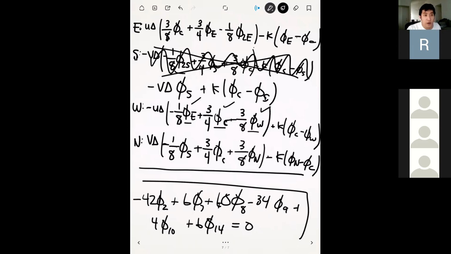So for the second part of this problem, I want you to do the same thing for cell number 29. So you can basically follow the same process. You write out the signs of the velocities, so you know which of the QUICK schemes you want to evaluate.